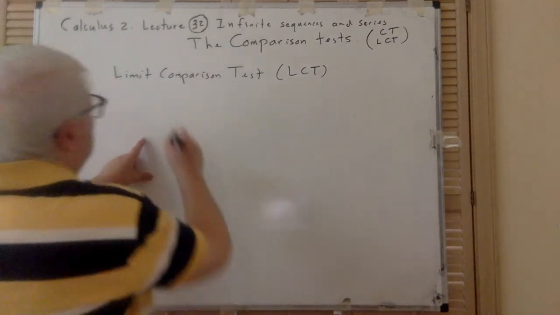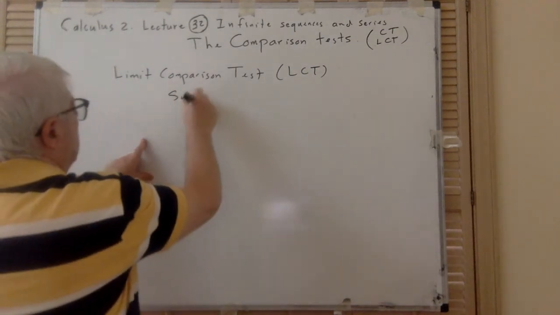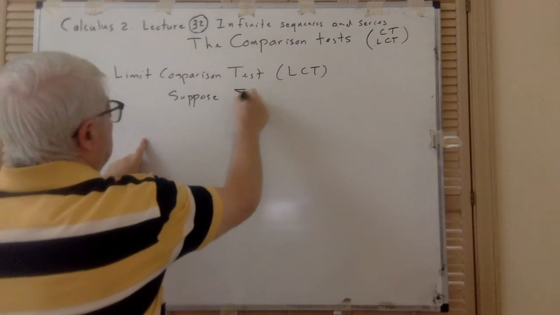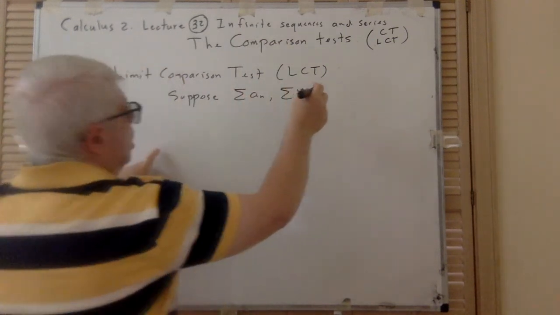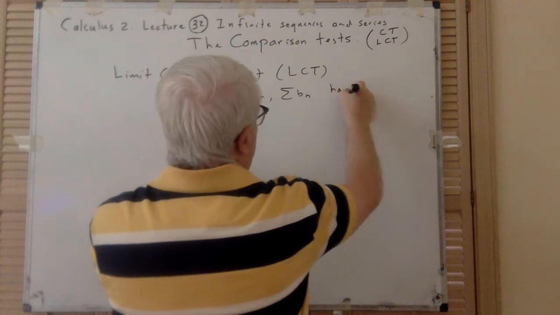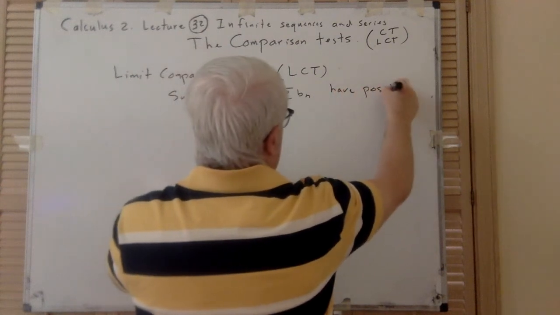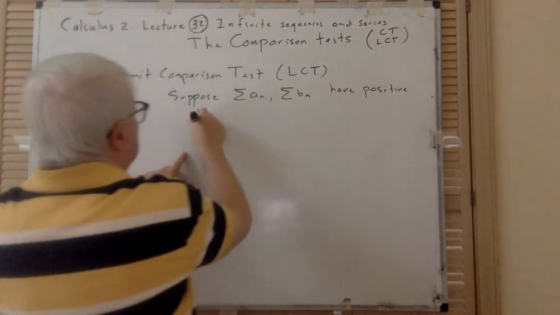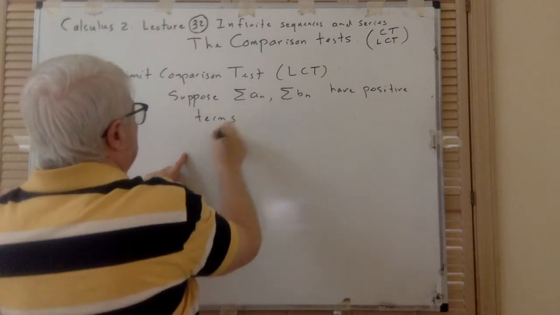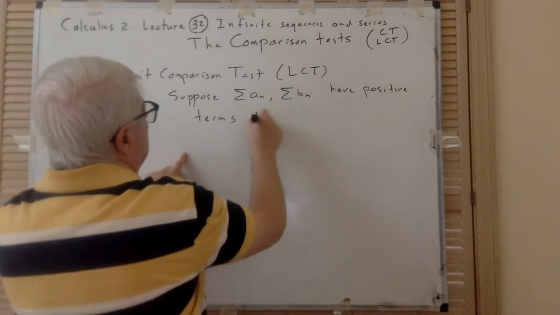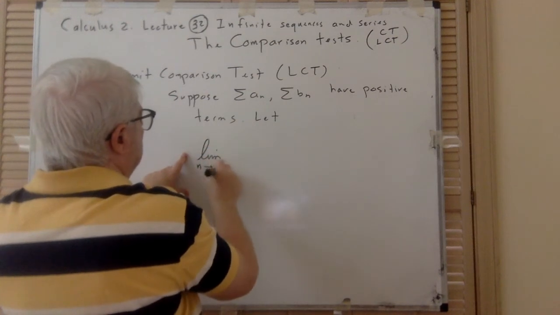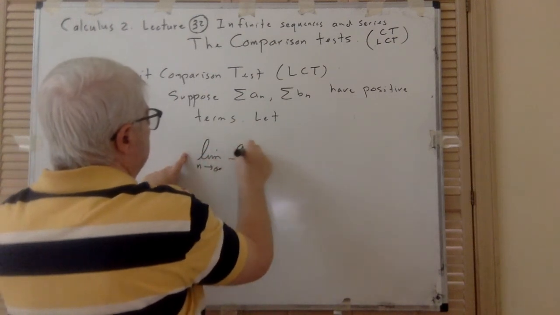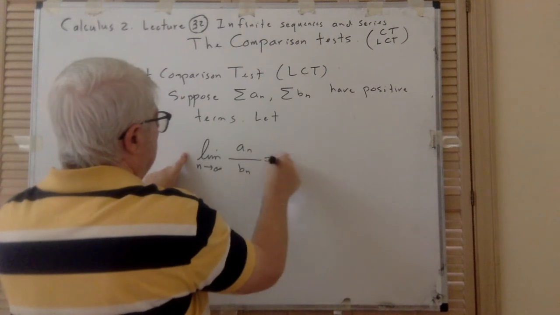Again, the same thing. Suppose sigma AN and sigma BN have positive terms, and let the limit as n goes to infinity of AN over BN be some C.